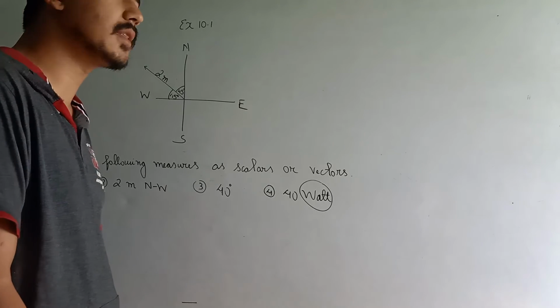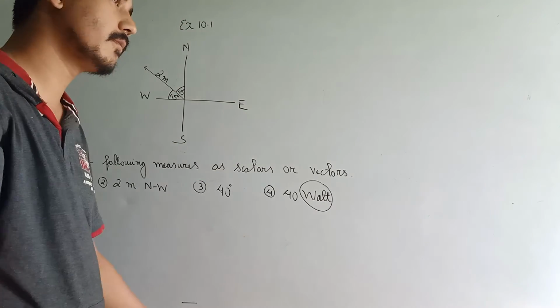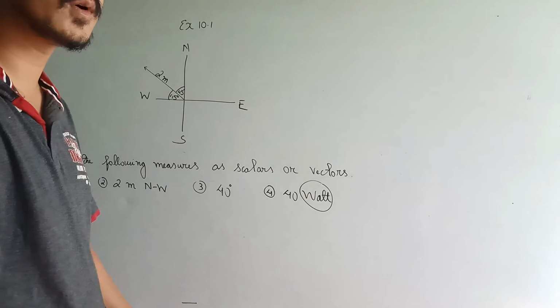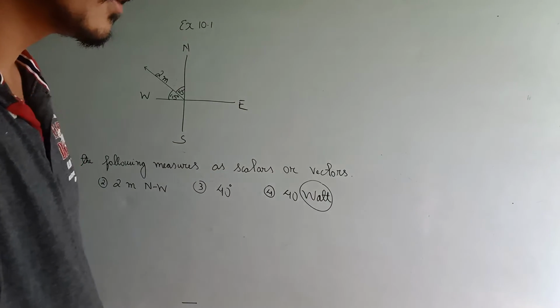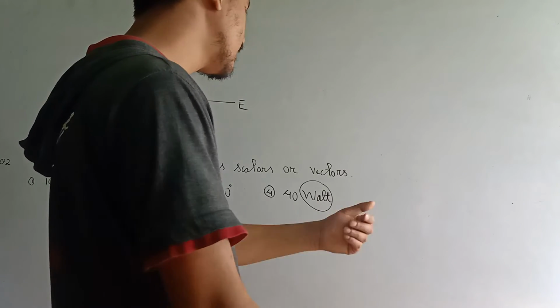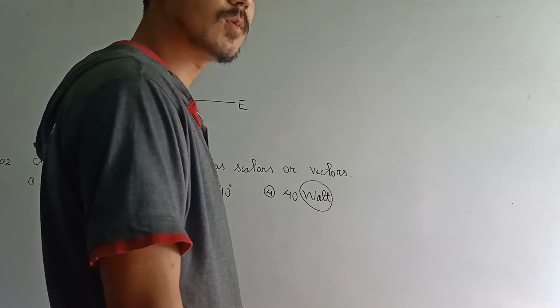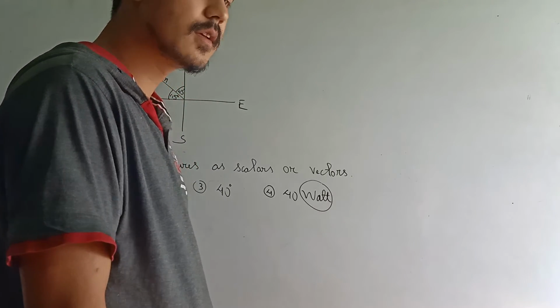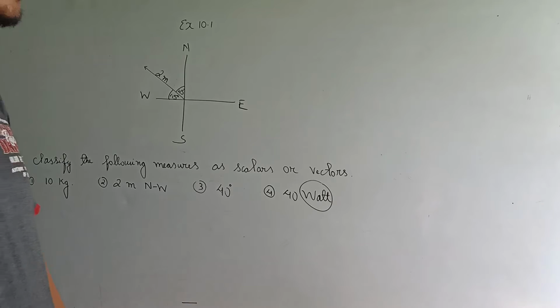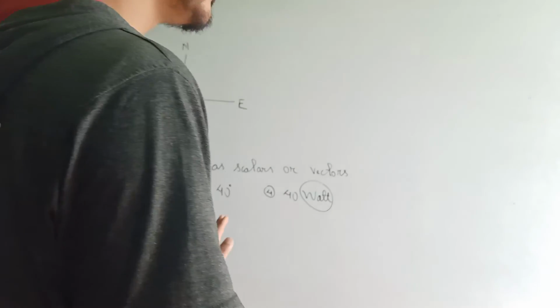Power does not have any direction. What is the power of this bulb? 15 watt, 9 watt. What is the power of this electrical heater? 1600 watt. Your rice cooker, 1800 watt. So power does not have any direction, only magnitude. Alright, so it is a scalar quantity.